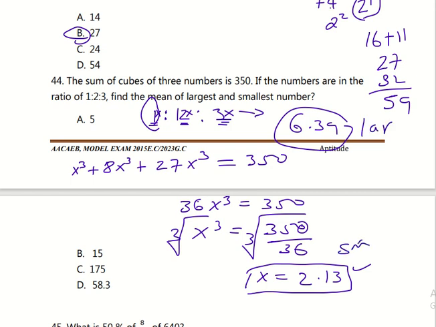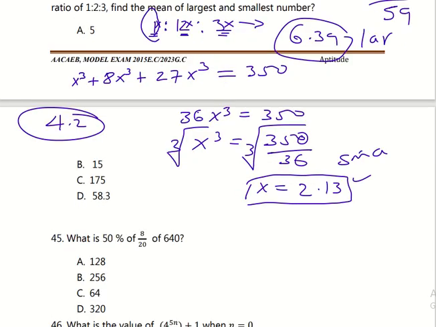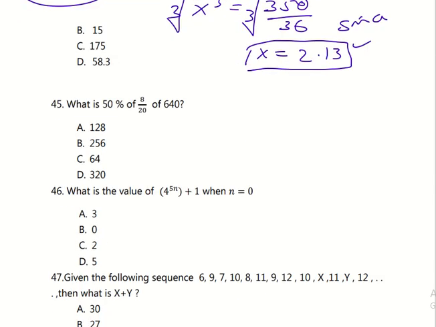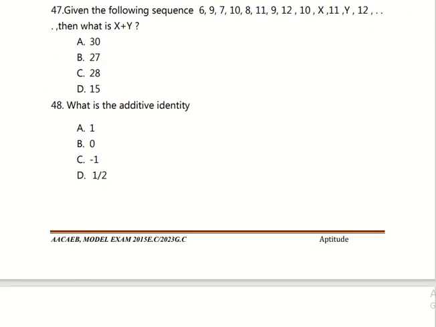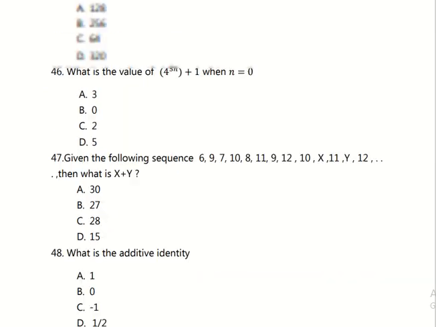When we add and divide by 2, because the mean is the smaller plus the largest divided by 2, that's going to be nearly 4.2, which is not found in the choices. So this question has a problem, it's not clear, and I don't think it was correctly given. So I'll check it back, but hopefully it's correct, because we followed the correct process.